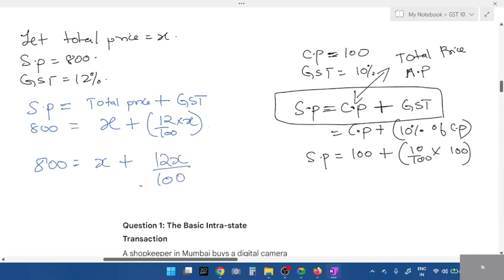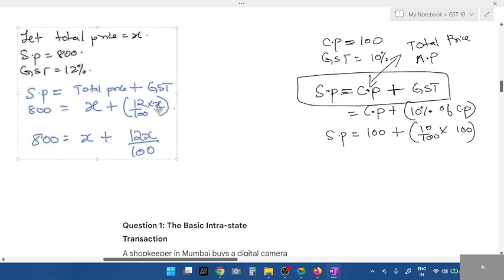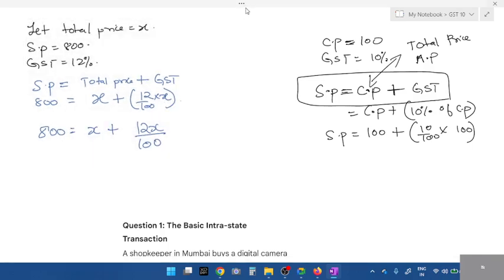Take LCM, find the value of X. That is the total price, X. Be quick. Take LCM, you get 100. If it goes to the other side, 100x plus 12x.